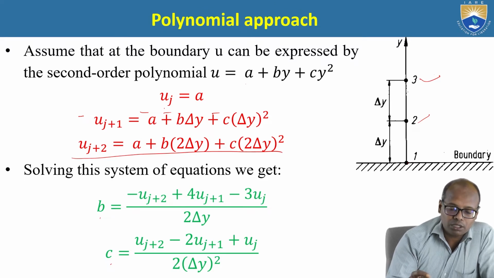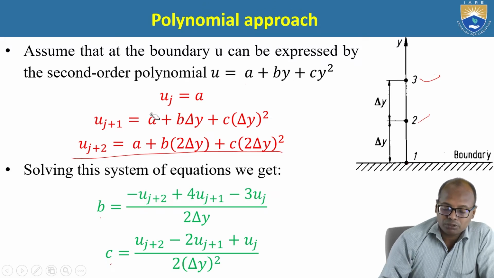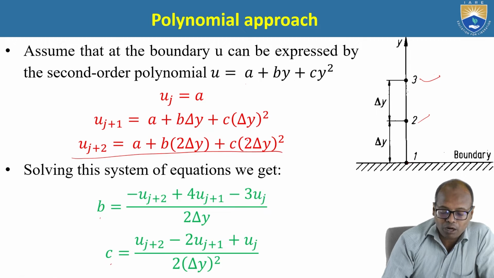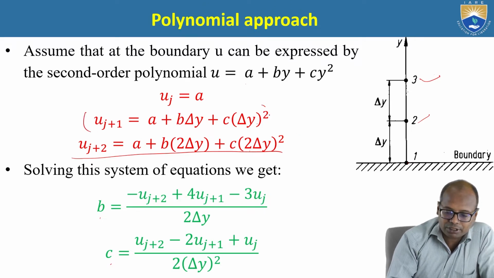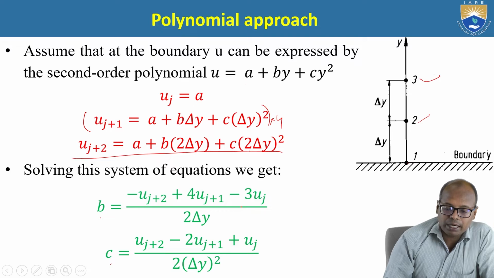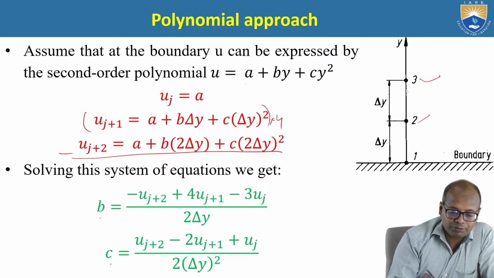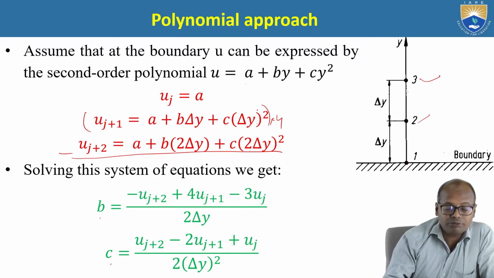A is known, so a we will keep, and we will eliminate the c value. To eliminate c to find the b value, how to do? This is delta y square and this is 2 delta y whole square. So if I multiply this entire equation with 4 and subtract it from this equation, then c will be eliminated.